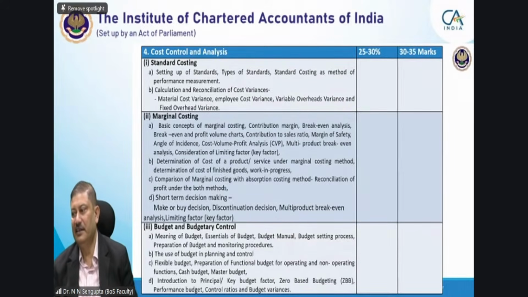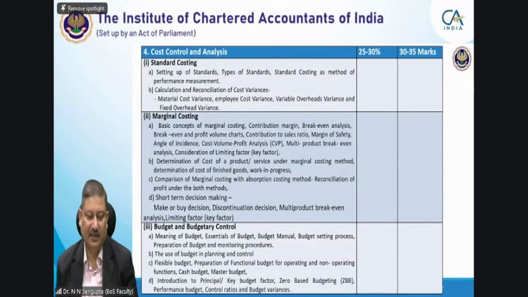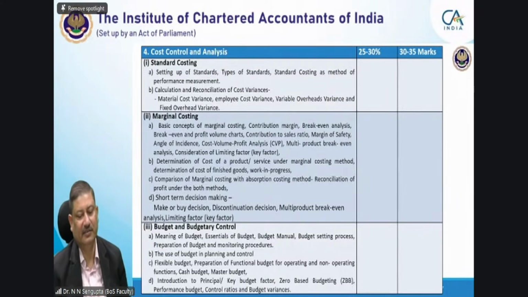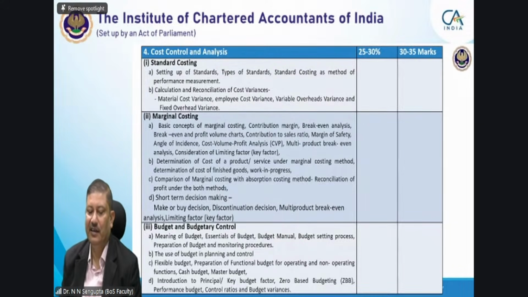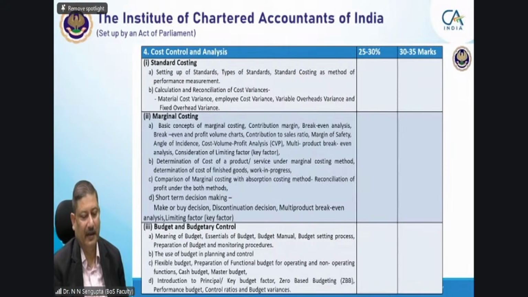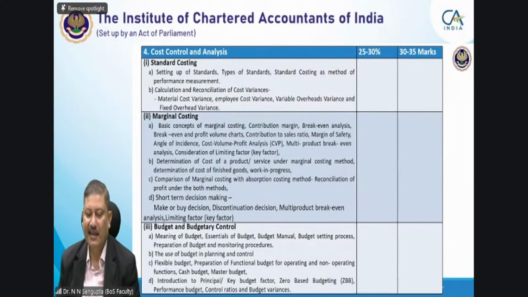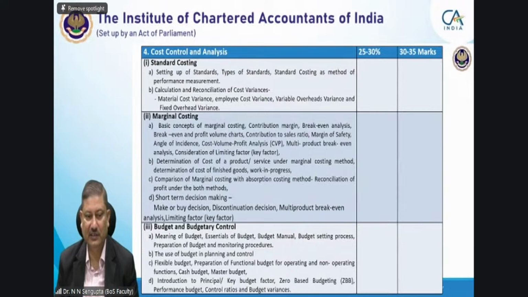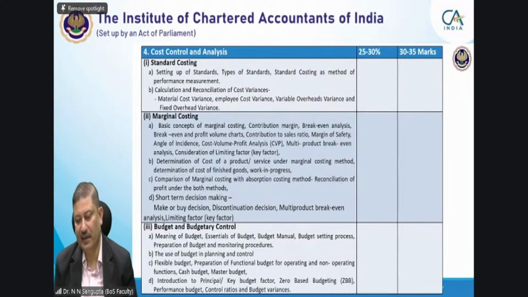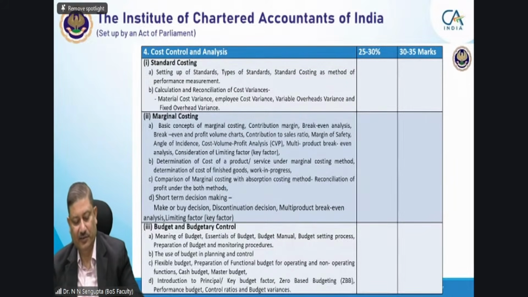Then in case of budget: meaning of budget, essentials of budget, budget manual, budget setting process, preparation of budget, monitoring process, and then most importantly, how to prepare the flexible budget, cash budget, then master budget, and understanding of principal budget factor, zero-based budgeting (ZBB), what is performance budget, various control ratios, numerical questions come from there as well, and budget variance.